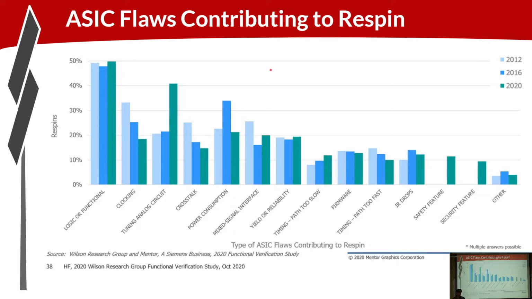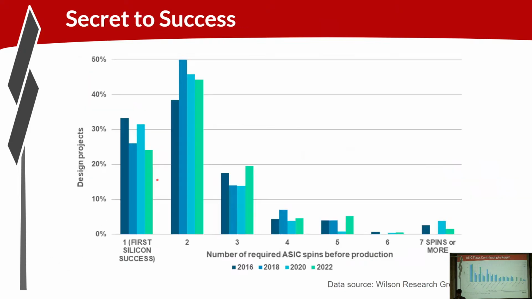This breaks down the nature of the bugs that cause respins to be necessary, right? So this is the far right tail of the bug plot. One of the interesting things to note here is that logical or functional bugs, well, first of all, if you look at all these bars, you'll note that they add to more than 100%. I believe the bars total the average number of respins as a percentage.